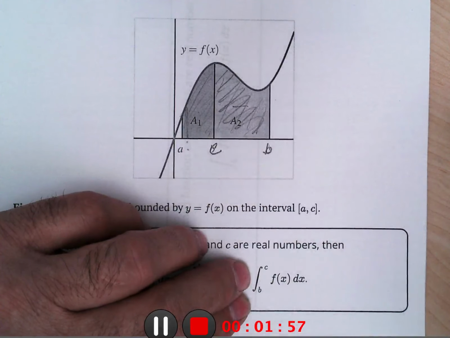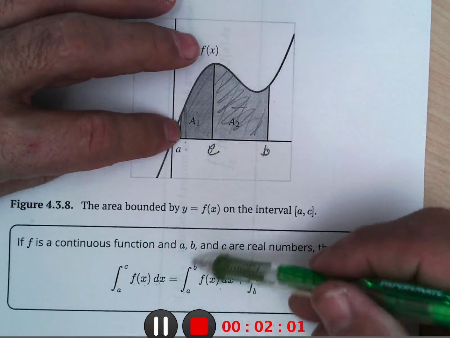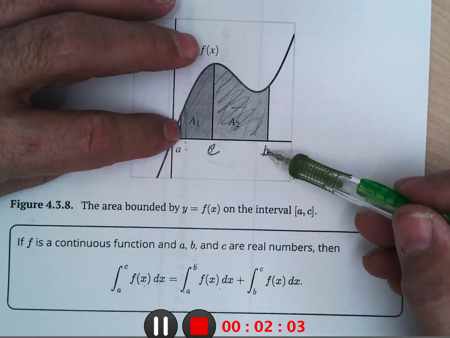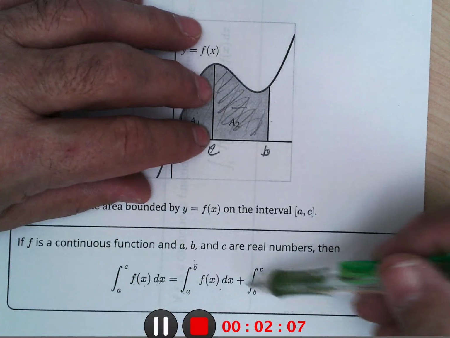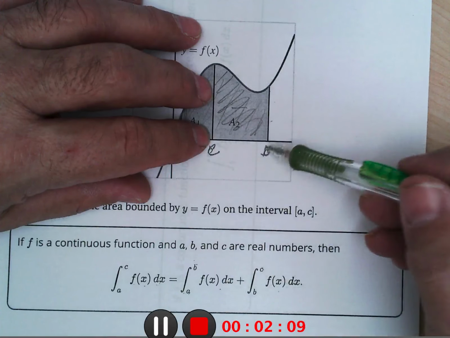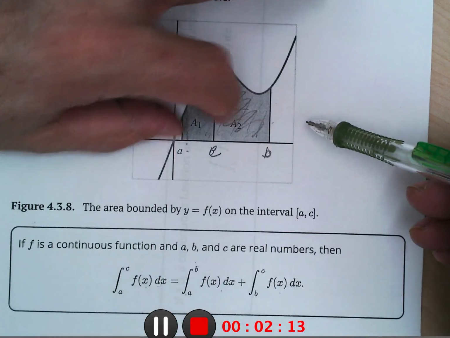And so if we take all of the area A to B, if B was over here, and subtract the area from C to B, or add the area from B to C, but it's backwards, so it subtracts it, you would get this area, which would be from A to C, which is what that says.